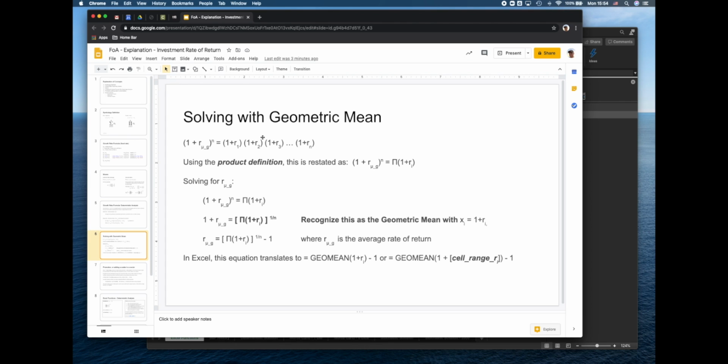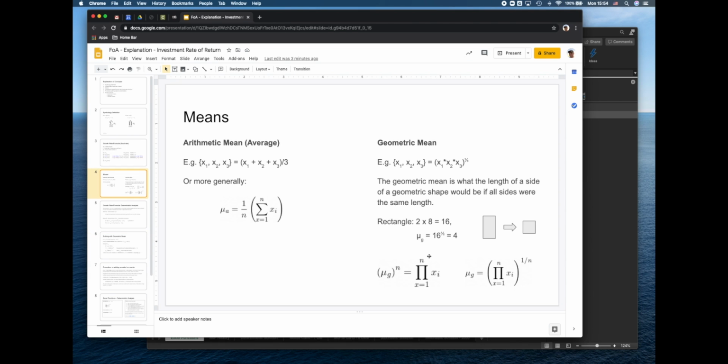So if you remember the geometric mean, we have this equation here, that a bunch of numbers multiplied together is the same as this one number raised to the nth power.